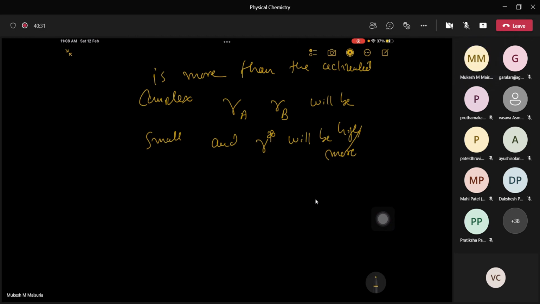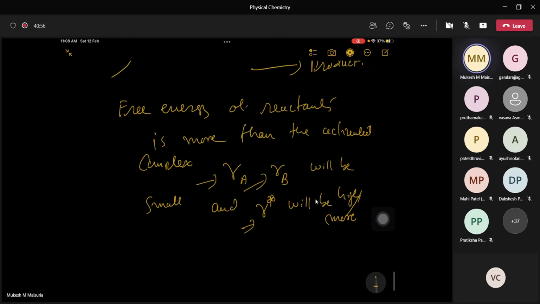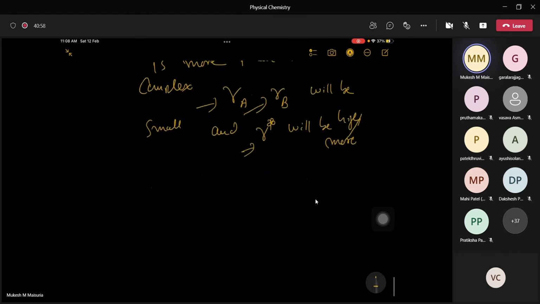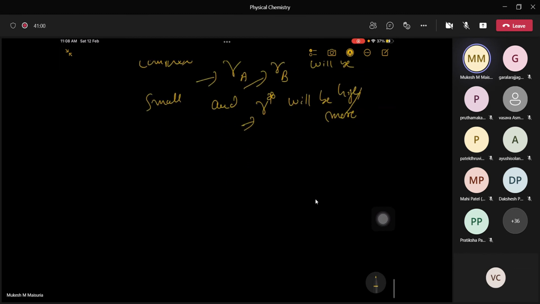So, if the free energy of the reactant is more than the activated complex, then obviously the activity coefficients of reactants A and B will be small, and the activity coefficient of the activated complex will be more. So, according to the above equation, the rate constant becomes smaller in solution than in the gas phase.